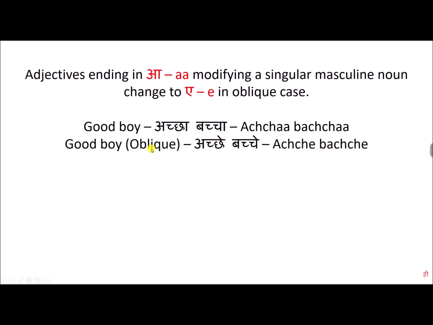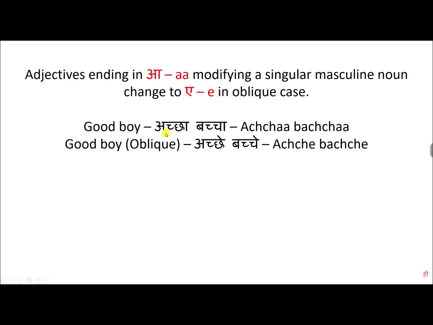Good boy in oblique form is अच्छे बच्चे. The a of the adjective becomes e. A changes to e. Bachcha becomes bachche. So bachche is the oblique of bachcha.